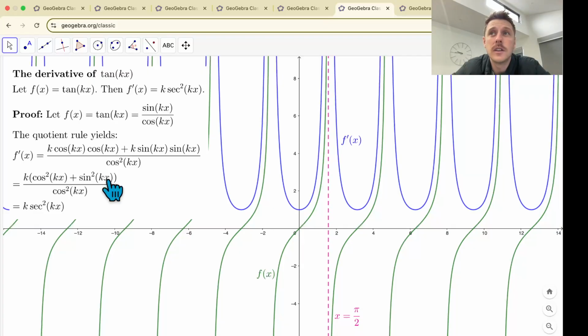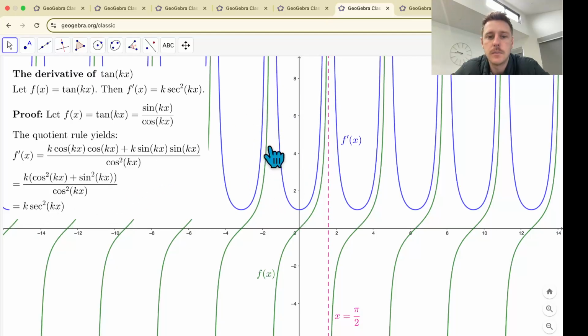I encourage you to think about the unit circle for why that might be the case. Anyway, we're going to get k over cos squared kx, and we know that 1 over cos squared kx is sec squared kx. So you could express this as k over cos squared kx, or if we use our reciprocal trig functions, it's k sec squared kx.